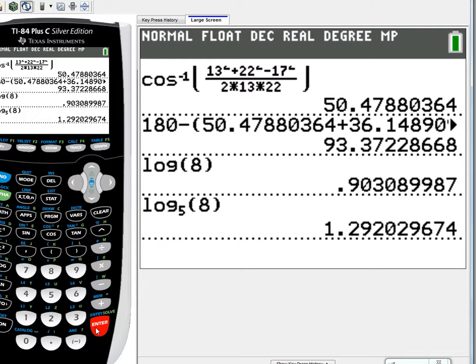Alright. Any questions? Alright, so this was 0.903. Who's got letter B there for me? Log of 1/5.